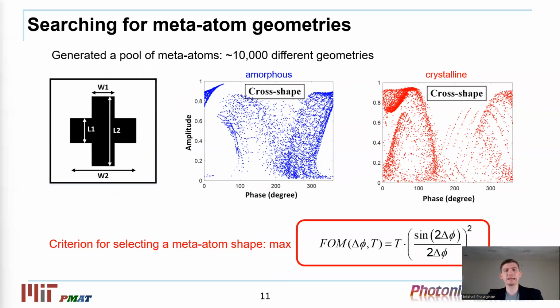To effectively realize the design phase maps, we performed a thorough search of the meta-atom library, or meta-atom geometries. The final meta-atoms were selected by maximizing this figure of merit, which includes both the transmittance of each of the meta-atoms as well as the phase error, delta phi.